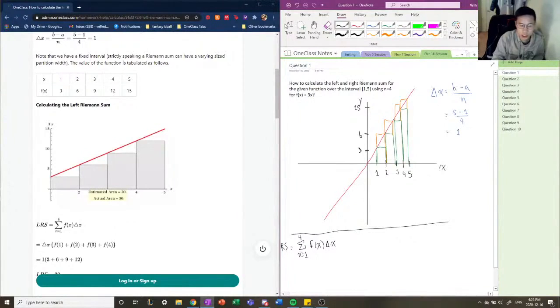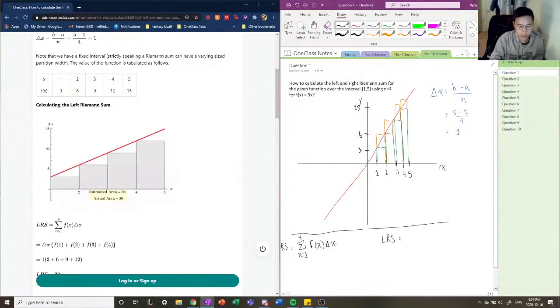Okay, so this is the notation for left and right, but it changes based on whether we're using left or right. So if we're using the right, we're using 6, 9, 12, and 15, right? So let's calculate our left Riemann sum first. The notation for left Riemann sum is going to be this.